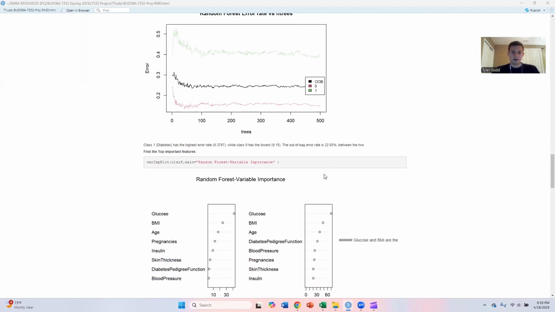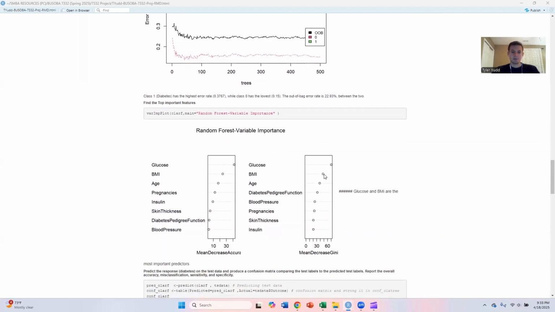For random forest, I also checked what the most important variables were, and it was the same as the classification tree, where glucose, BMI, and age were the top predictors.